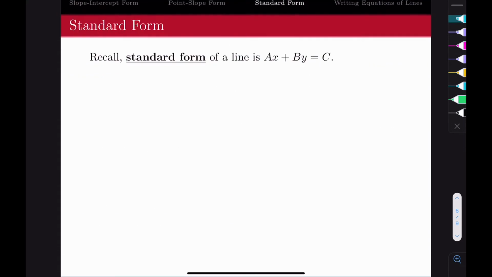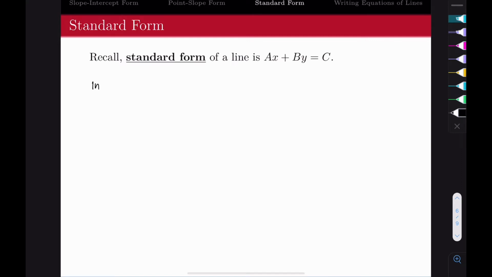The other one, remember, is standard form. And this is just sometimes it's written this way. All of our equations have what's known as standard form, which is where all the variables are on one side. But that's just this specific form. So pay attention in your homework and on tests which form it wants you to use.